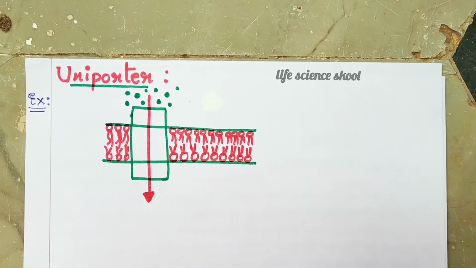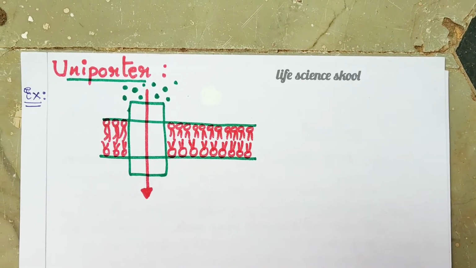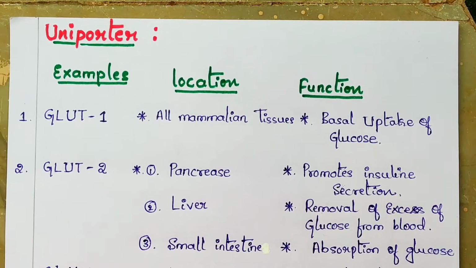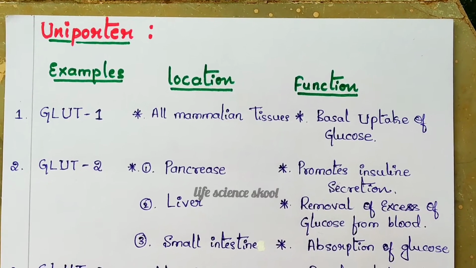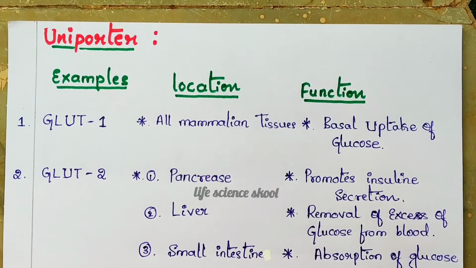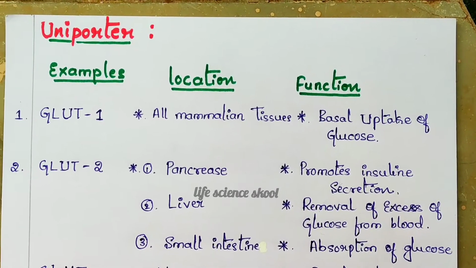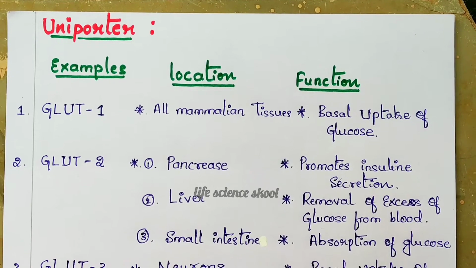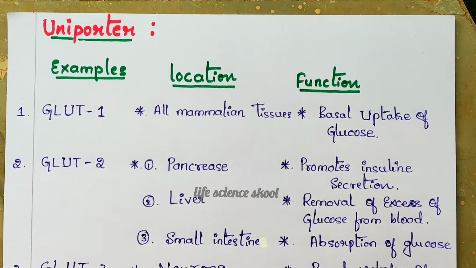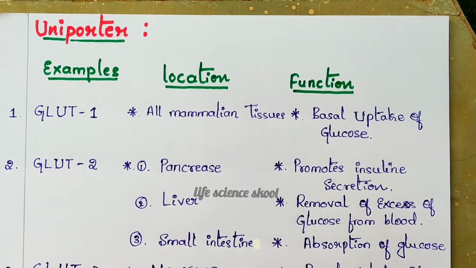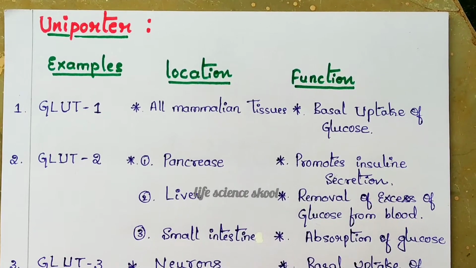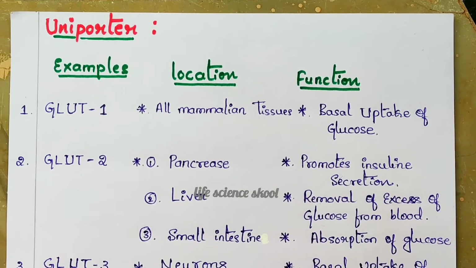Uni means single. The best example, as I mentioned, is glucose transporters. There are about 14 glucose transporters, and they have been classified into three classes: class 1, class 2, and class 3.